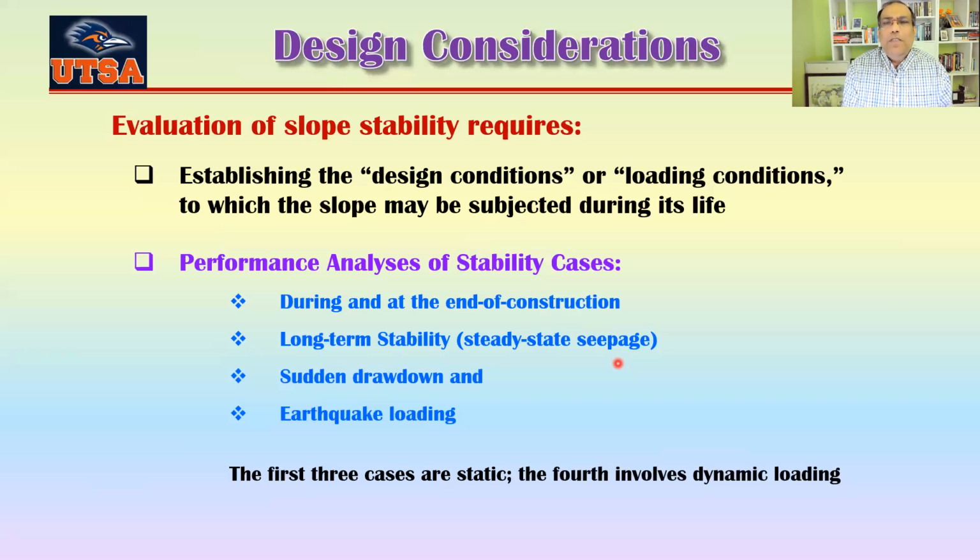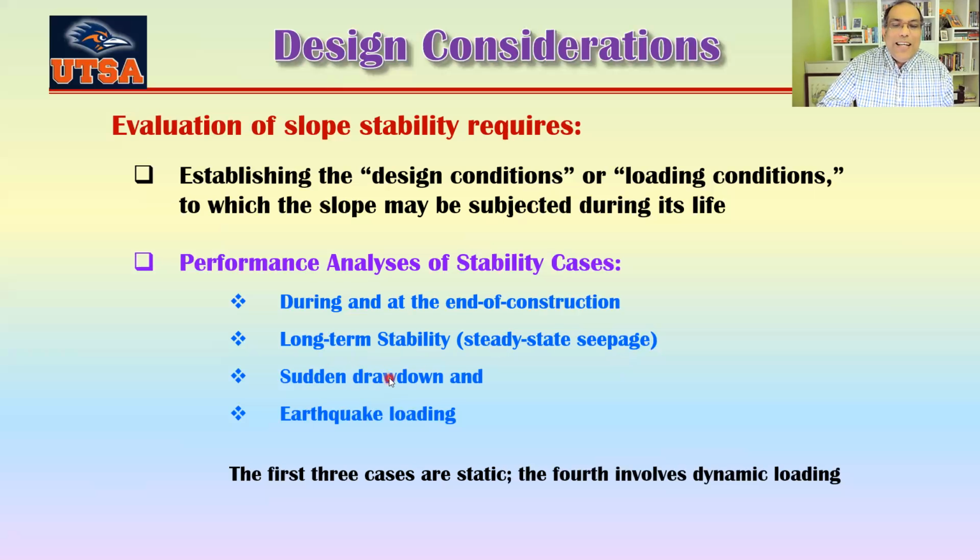And we know if the normal stress is different, then your shear strength would also be different. As pore water pressure changes from one point to another, that also changes the shear strength of the soil, and the stability of the slope would be different at different conditions.